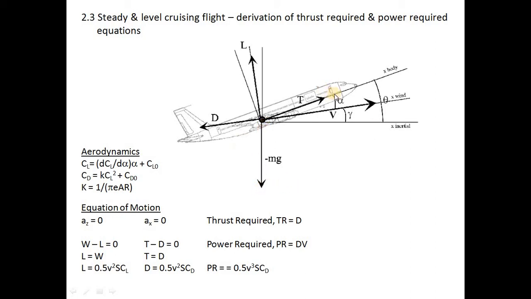Since alpha is small and gamma is also small, we can assume them to be almost zero. So in other words, the x body and x earth are basically overlapping each other, including the wind axis also.